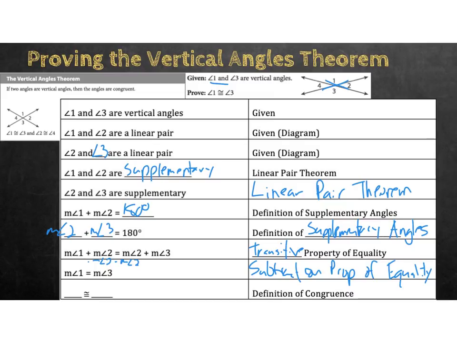And then last, that gives us angle 1 is congruent to angle 3, by the definition of congruence: two angles that are congruent are also equal to each other. So there is the proof of the vertical angles theorem of 1 and 3 being congruent.